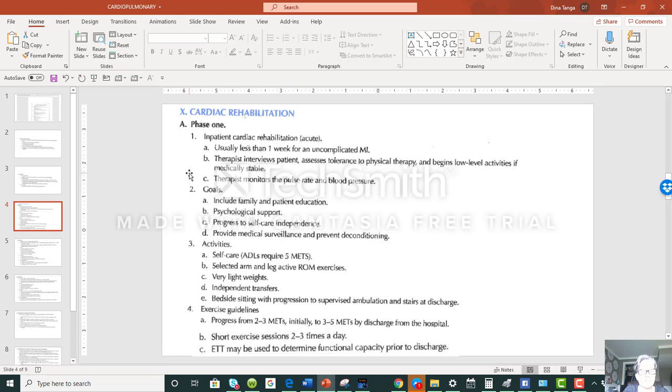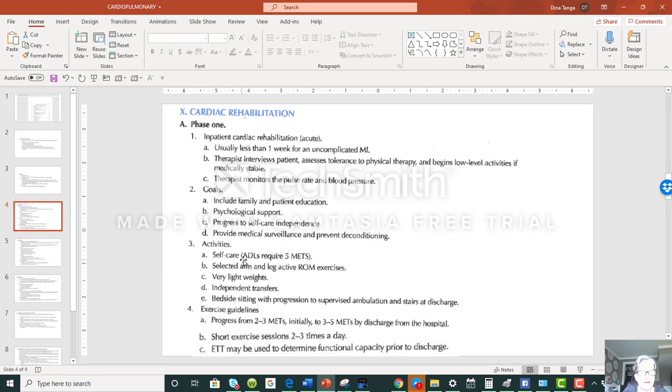The therapist is to monitor the pulse rate and the blood pressure during the treatment session. The goals would be to include the family in patient education, psychological support, progress to self-care independence, provide medical surveillance, and prevent deconditioning.